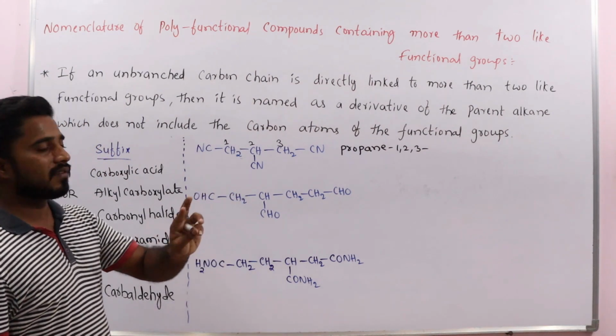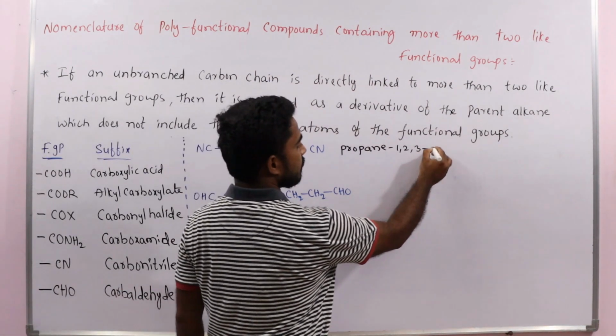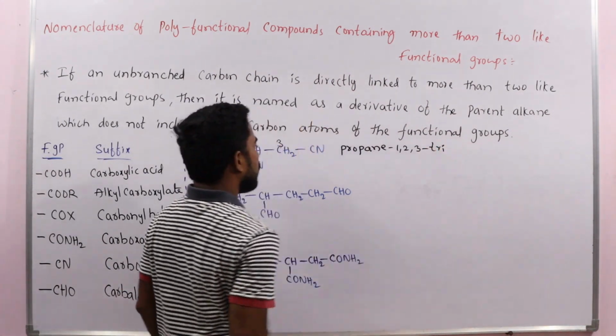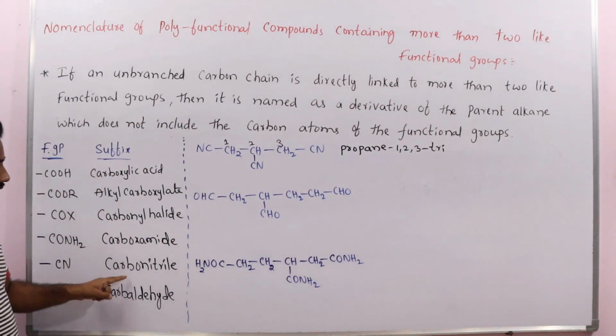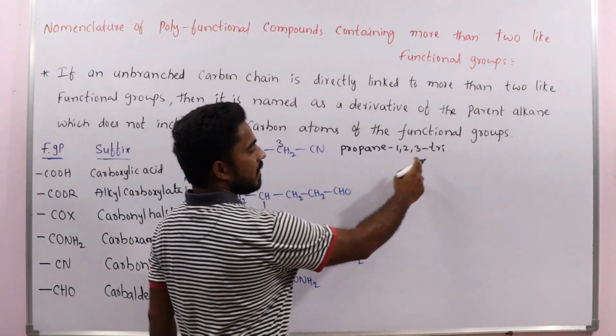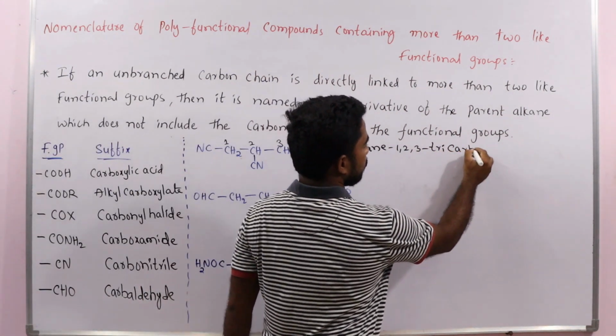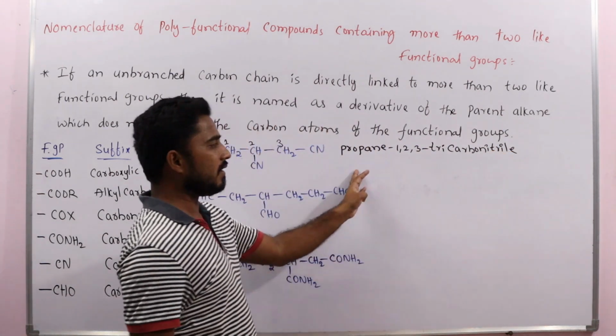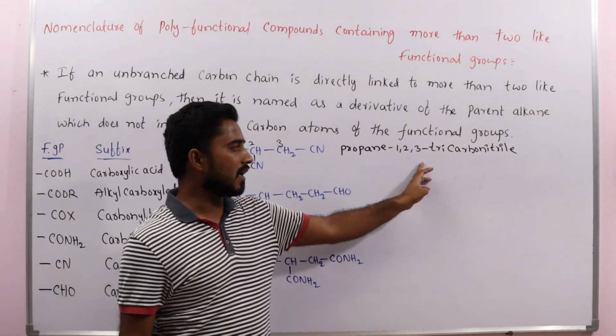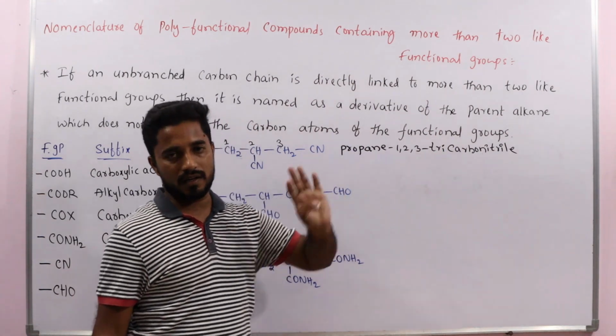How many CNs are there? 3. That's why we have to use tri. For CN, what is the suffix here? Carbonitrile. That's why tricarbonitrile is the name. Propane-1,2,3-tricarbonitrile.